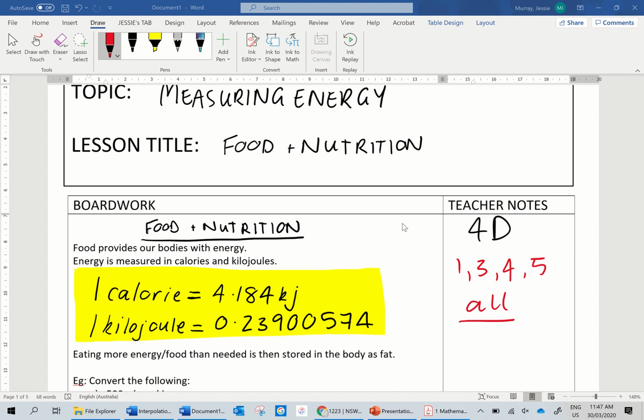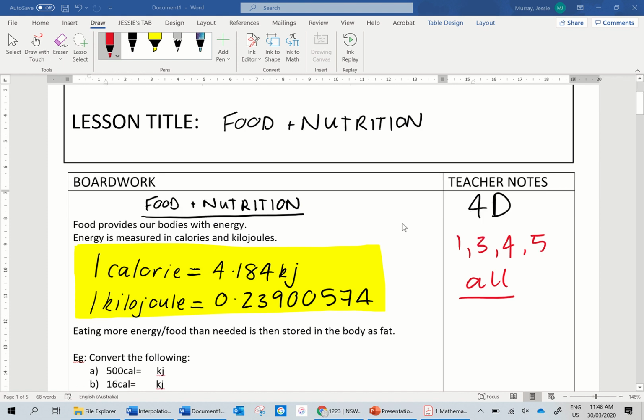Not just converting between calories and kilojoules, but your textbook will also get you to analyze different data and use things like your percentages, information that you know, and use all that maths together. So this exercise is no new maths. The newest thing you need to look at is this conversion of calories and kilojoules. The rest of it you're just using maths you already have and understand.